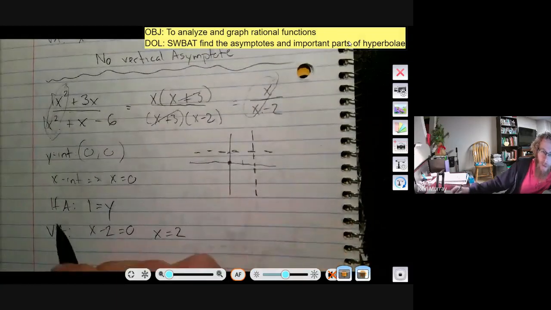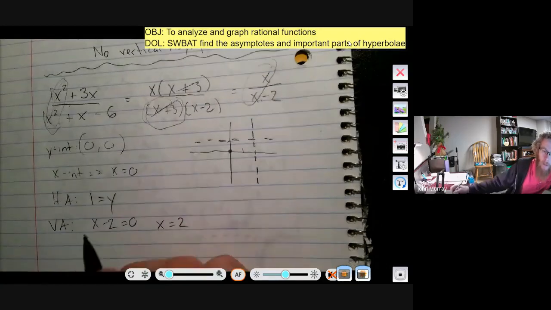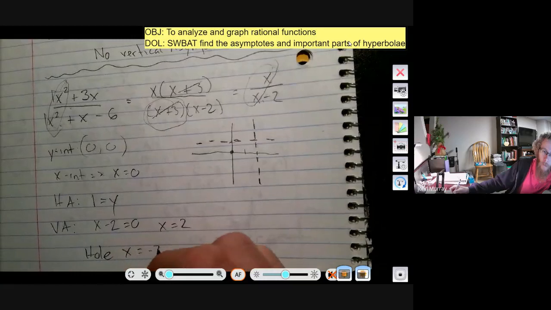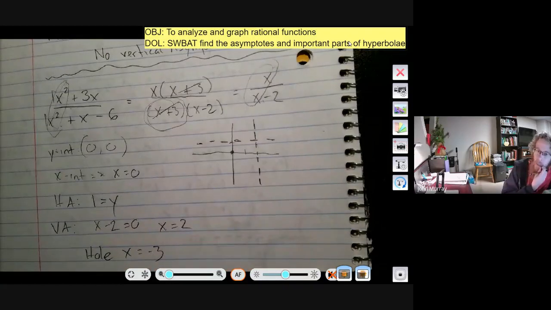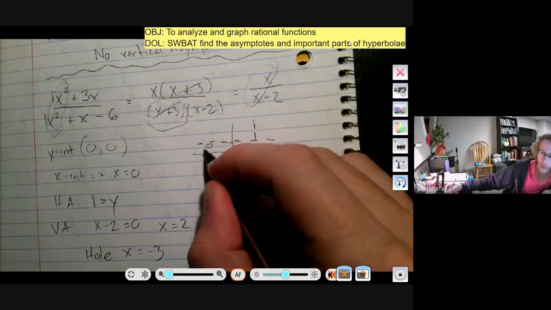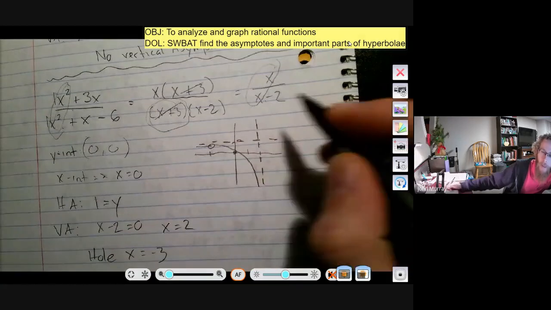Now we just got to be careful. We removed x plus 3 as a factor. So I have a hole at x equals negative 3. So wherever x equals negative 3, maybe over here, I would have a hole. It would come down through that.